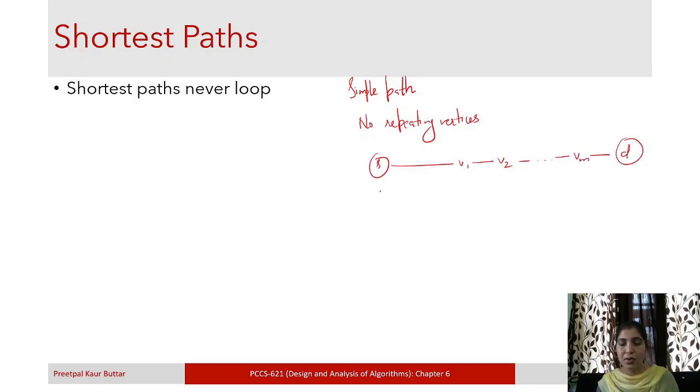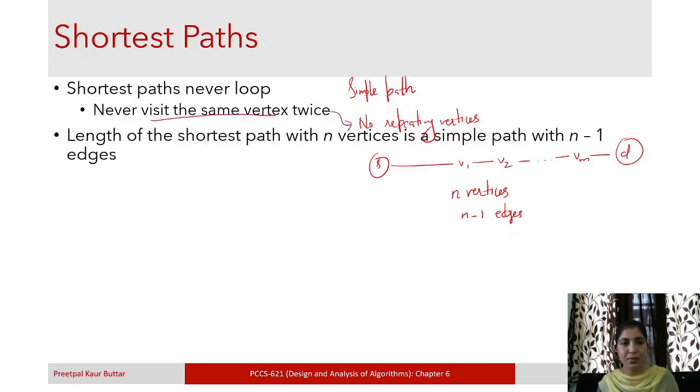Okay, so if this path is having n vertices in total, then how many edges will be there in this path? N minus 1 edges will be there. Okay, so as I told you, you never visit the same vertex twice. There are no repeating vertices.